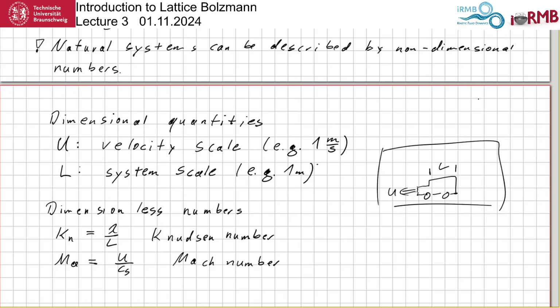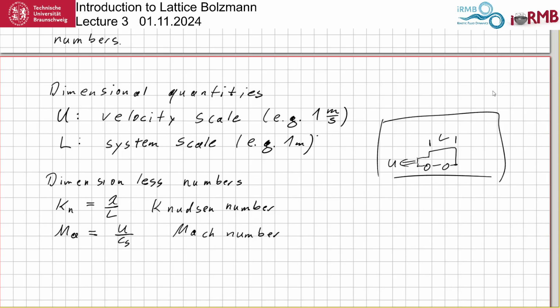Okay, so these are now our dimensionless numbers, and from them we can rearrange: lambda is the Knudsen number times L, and the speed of sound is the velocity divided by the Mach number. Why are we doing this?